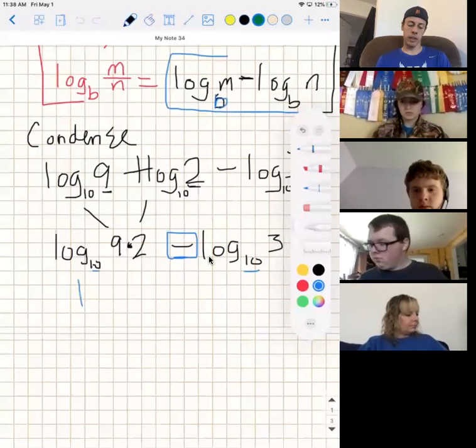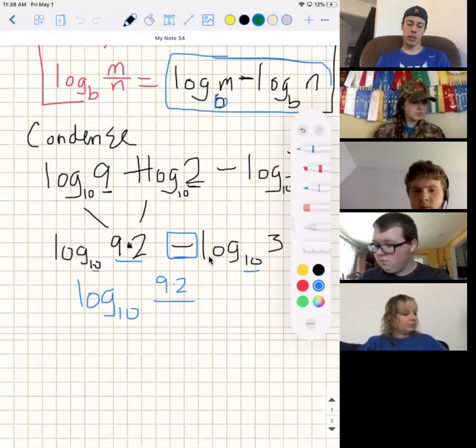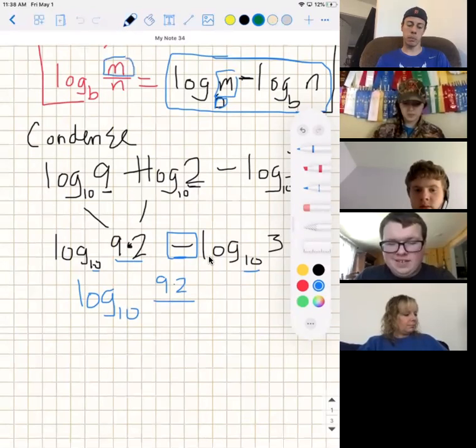So we can write this as the log base 10 of, we'll keep this guy on top, 9 times 2. And then in the bottom, just like here, you see how we had m on top, and then the second one we're going to put in the denominator, okay?